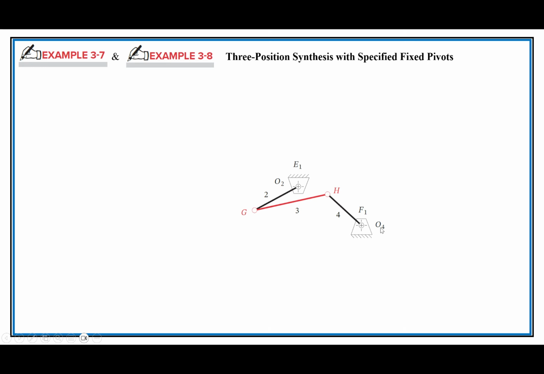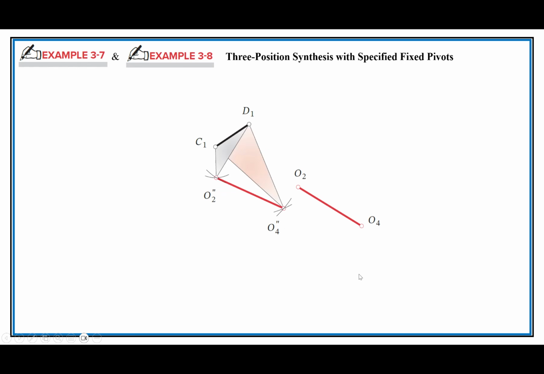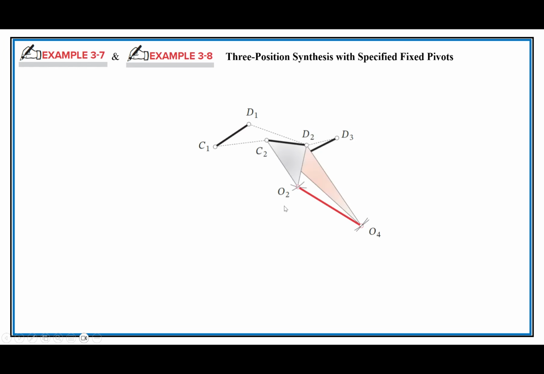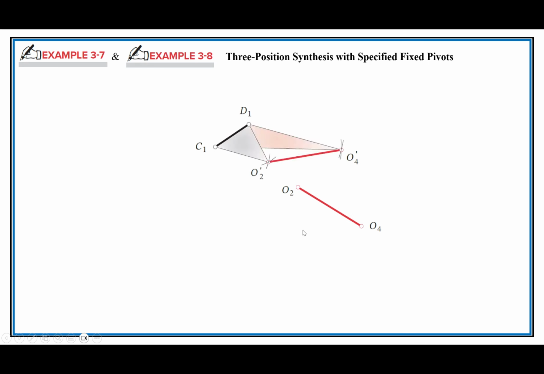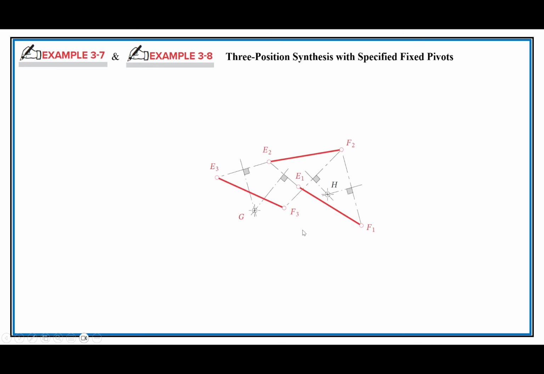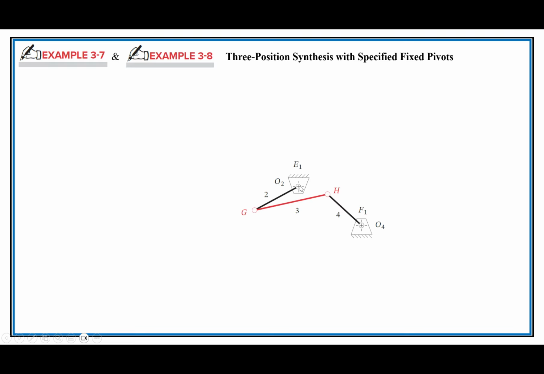So you'll recall that E1 F1 was actually O2 O4. The original thing we set out to do was to use O2 and O4. We turned it into the coupler, and then we inverted it and made it into the ground. Boom. Now it's the ground. The E1 F1 is, but it was still O2 O4.